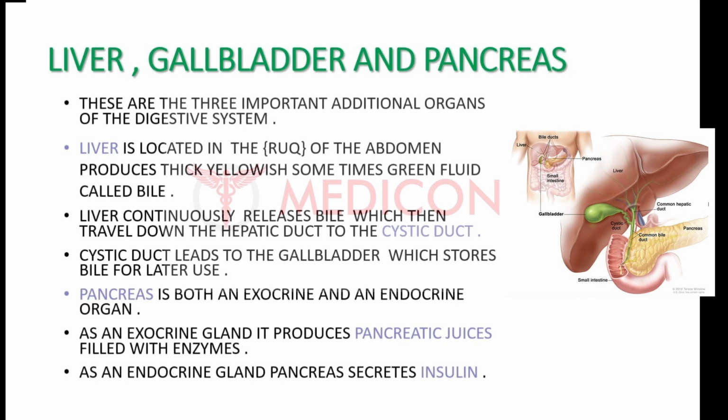The liver. The liver, located in the right upper quadrant of the abdomen, manufactures a thick yellowish brown, sometimes greenish fluid called bile. Bile contains cholesterol, bile acids, and several bile pigments.